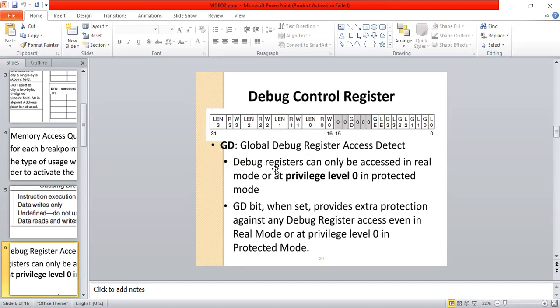The GD bit, when set, provides extra protection against any debug register access, even in real mode or at privilege level 0 in protected mode.